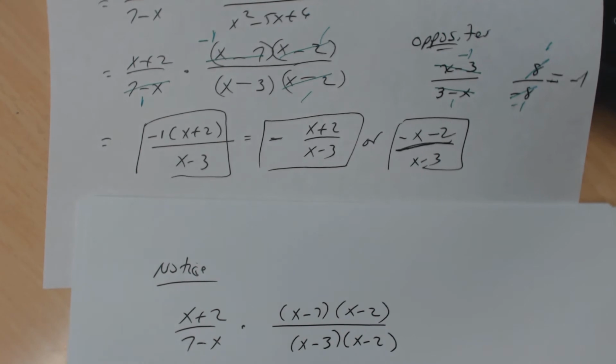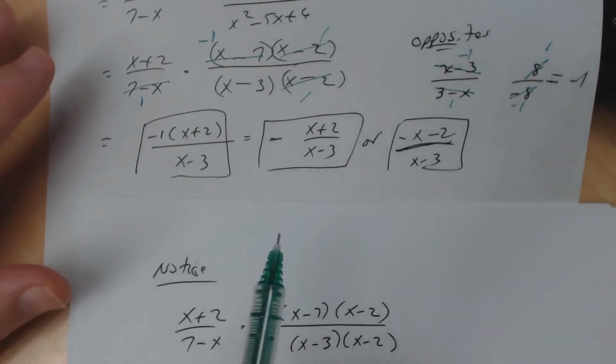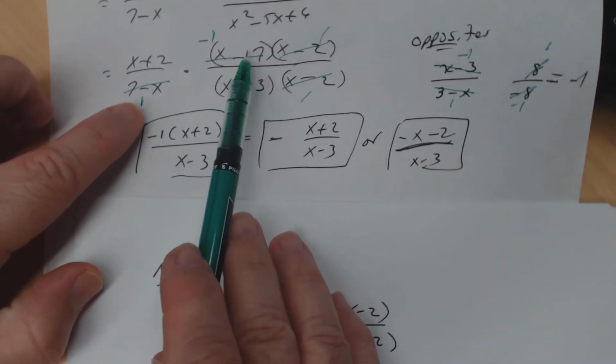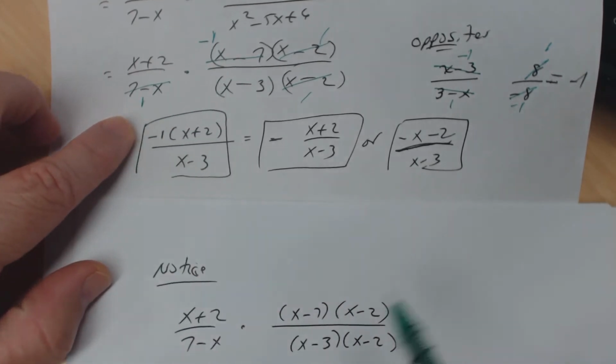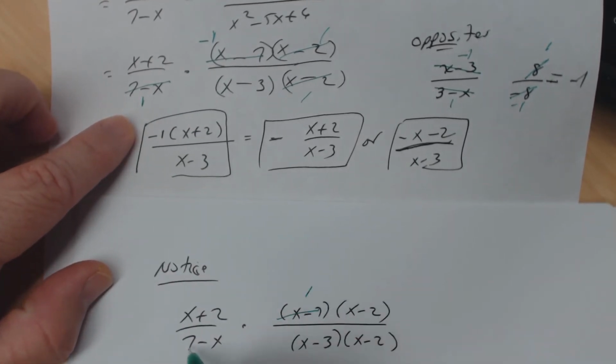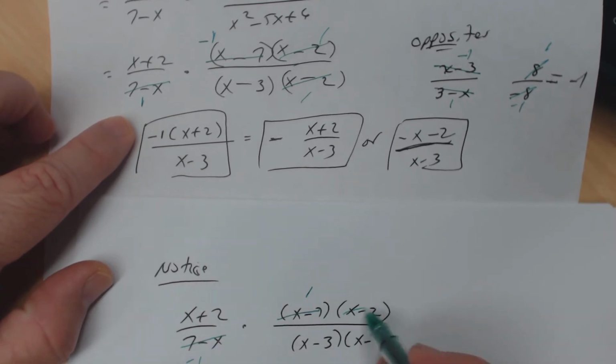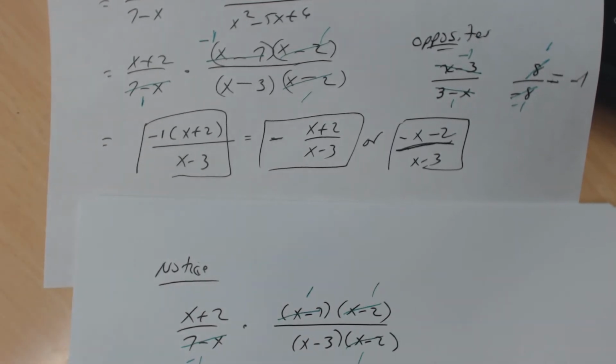Remember how, when we divided these out, we wrote this as negative 1 and this as positive 1. What I'm going to do is write this as a 1 and this as a negative 1, and then these divide out. So in the numerator you would have x plus 2 times 1 times 1, which is x plus 2.